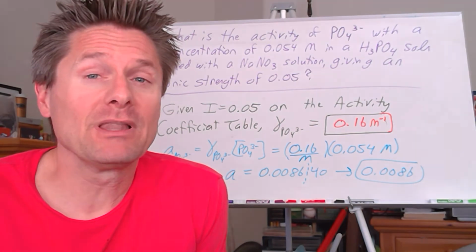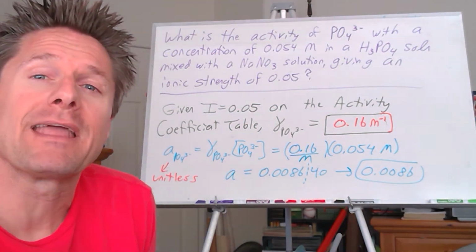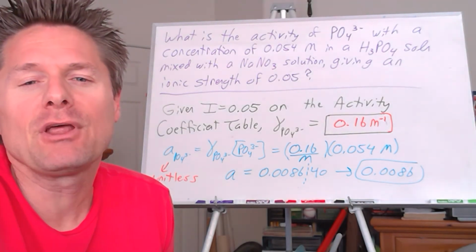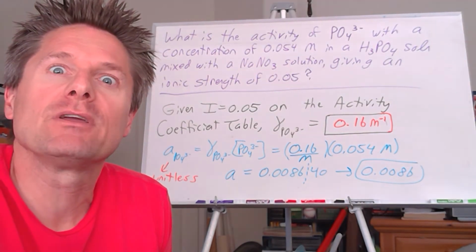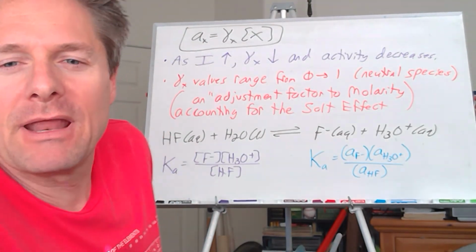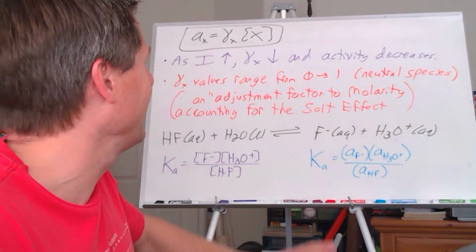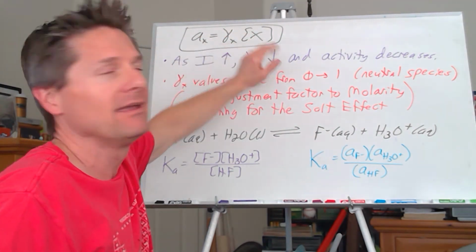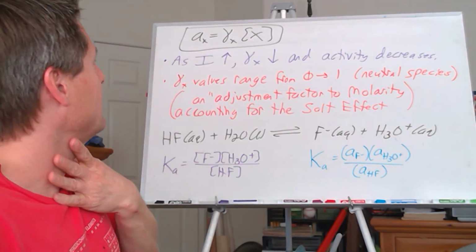So if we are using molarities, there are actually errors we're going to have in our equilibrium. Whoa, we should use activities. So let me do another board and summarize everything. There's the equation, pretty simple, right? Activity is equal to molarity adjusted by the activity coefficient.